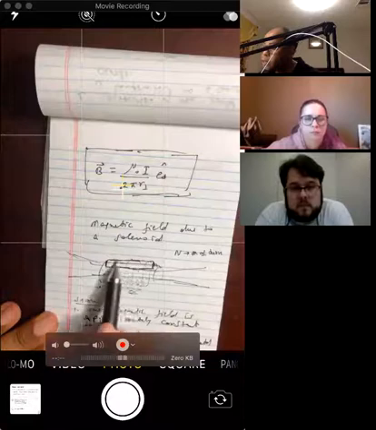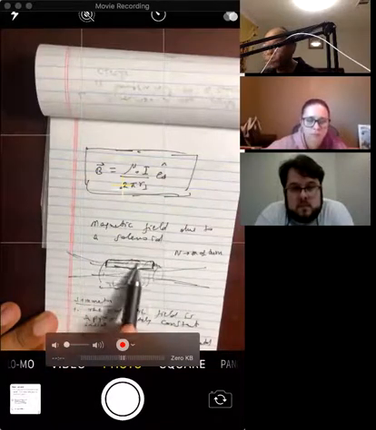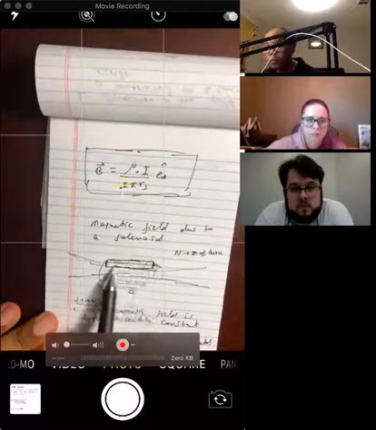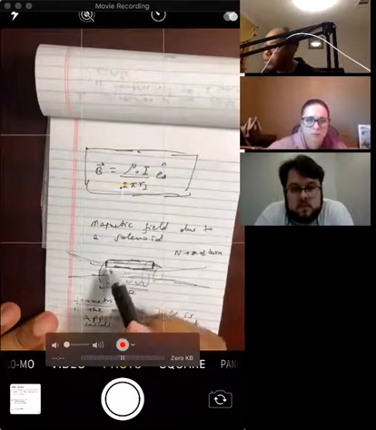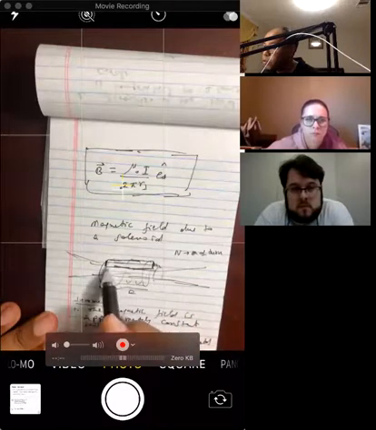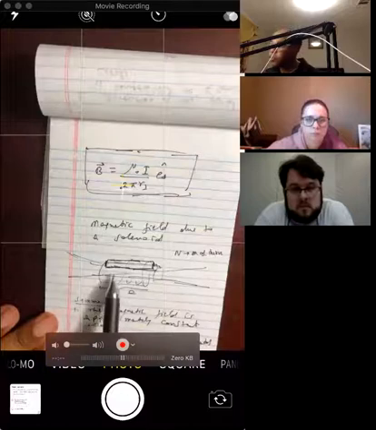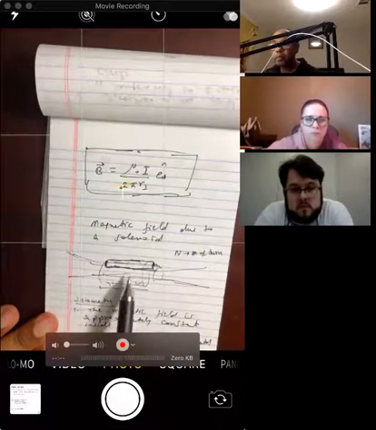And this line is outside. Outside, the field is 0, so the magnetic field is 0 over here too. The only contribution comes from here. This is perpendicular to the field, and this is outside where the field is 0, so we get a contribution only from this one. And the magnetic field is constant, so it's just going to be the magnetic field times the length.